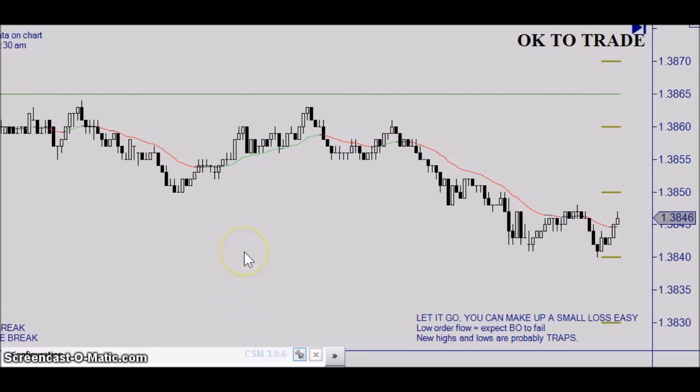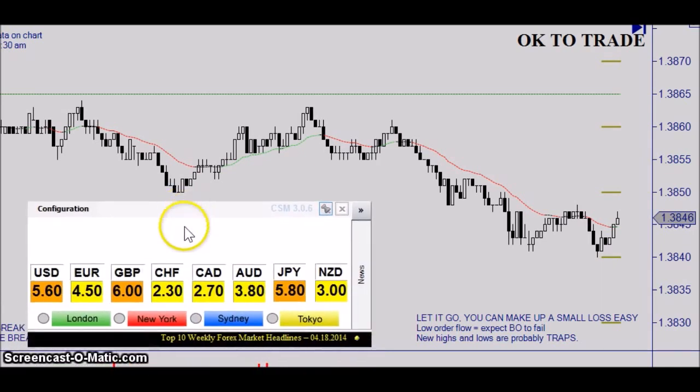So as I load my NinjaTrader platform, I also load a currency strength meter, just so I can glance at it and see where the markets are at right now, who's strong, who's weak. I'll look and see if the dollar and the yen are stronger or weaker. I want to see those running together, and then weakness across. So if I've got a strong dollar and strong yen, I should see everybody else being weak.